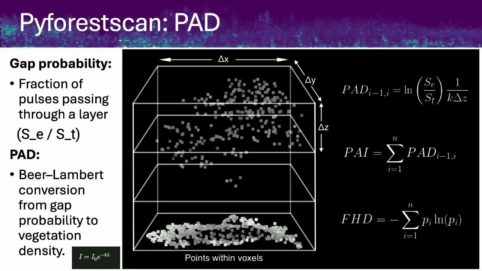L is the amount of plant matter that's blocking the attenuation of light, which is what Beer-Lambert describes. So you solve for that, which is PAD. You get this equation, plug that in, and that's how you get your Python code to do that. And then you have plant area density, and from there, a lot of the other metrics follow.